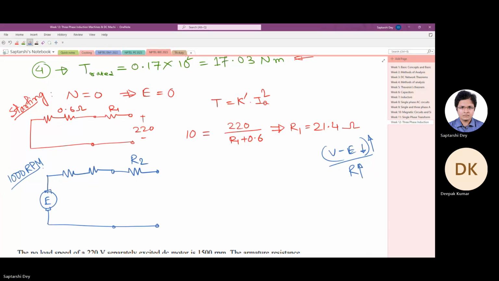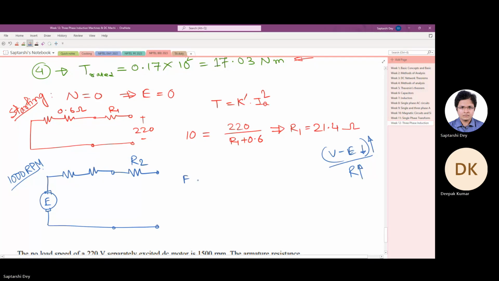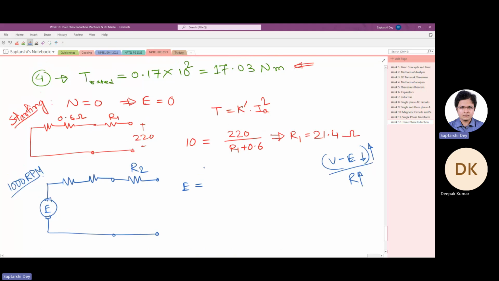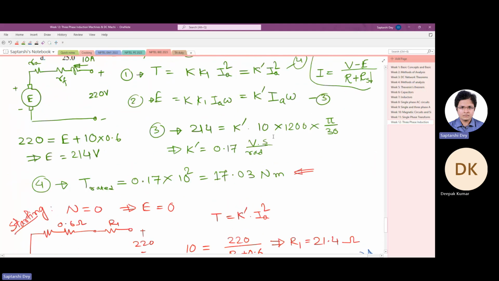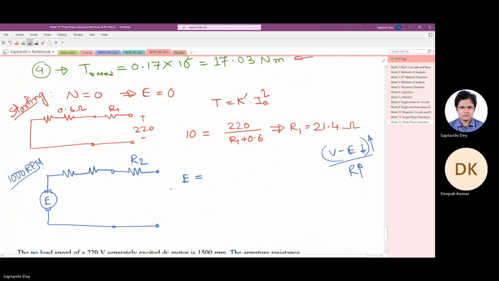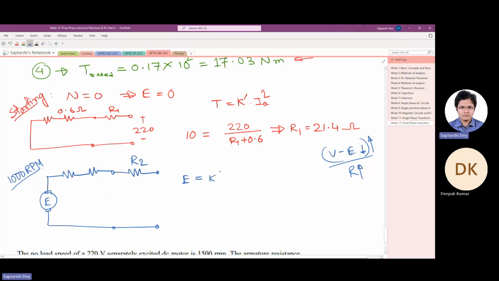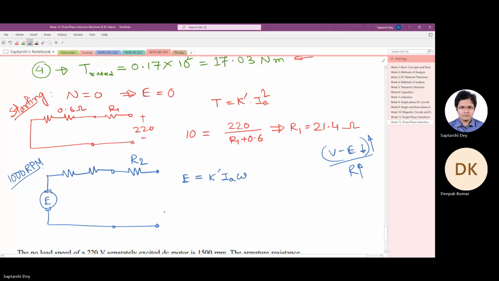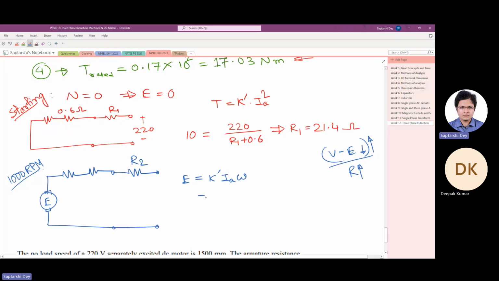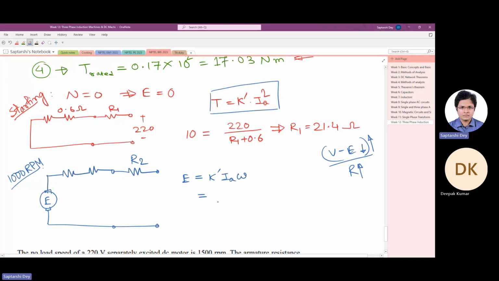Now at 1000 rpm, the back EMF we can find out, it was K prime Ia omega. Since we are trying to get the rated current, the rated torque, the current must be rated, dictated by this equation.